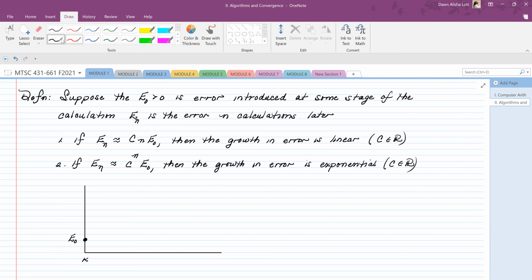And then if the error, and I'm going to draw really thin, let's do a little gray line, so if the error at k plus 1 and then k plus 2, and then we keep going to k plus n, looks like this, then that is stable linear growth.